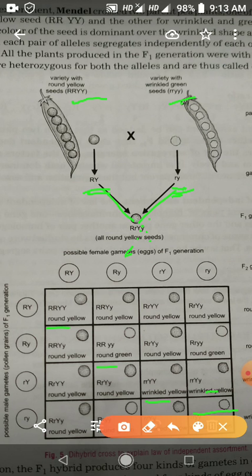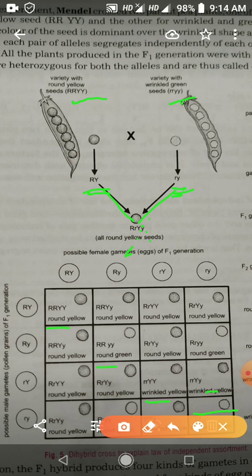So round yellow characters are dominant over wrinkled green. Therefore, all progeny in F1 generation are round yellow. In F2 generation, all the 4 genes are sorted out independent of others.